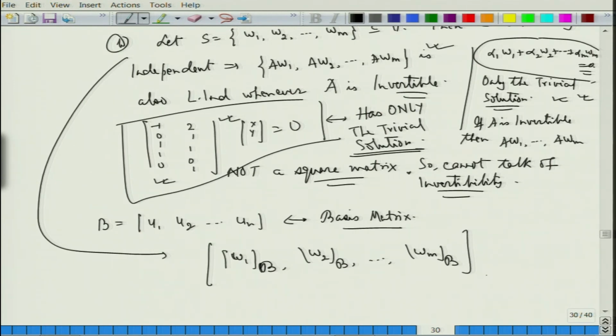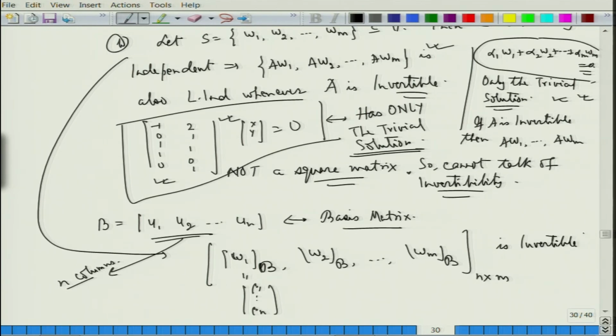What will be the size of this matrix? There are m columns here and there are n vectors here, so each one has n entries. So any vector will look like some beta 1 till beta n. So this is an n cross m matrix, and we are saying that this is invertible, with a question mark, because it is not a square matrix.